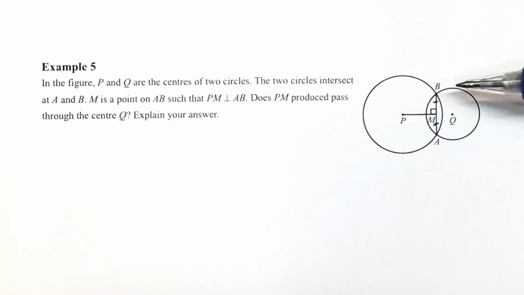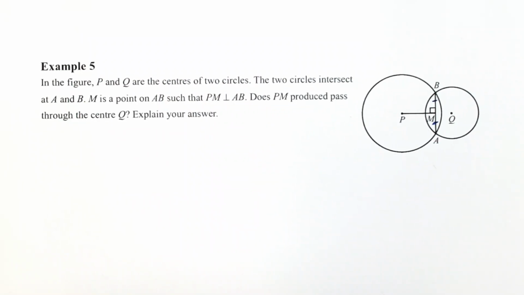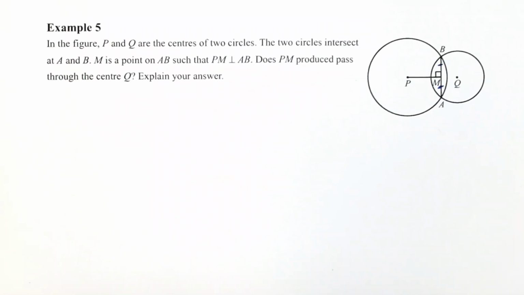Now, if you produce PM, then the line PM and its extension would be the perpendicular bisector of AB, and AB is the chord of the circle with center Q. Finally the answer should be yes. But then we need to write everything down, including the correct reference.